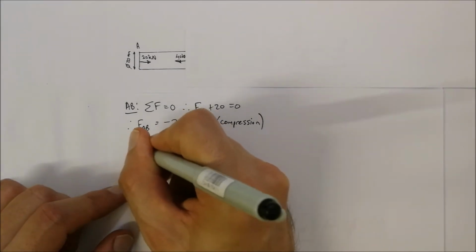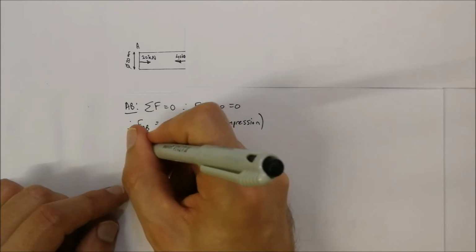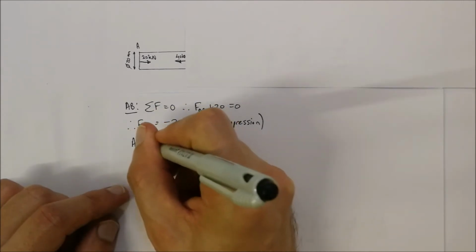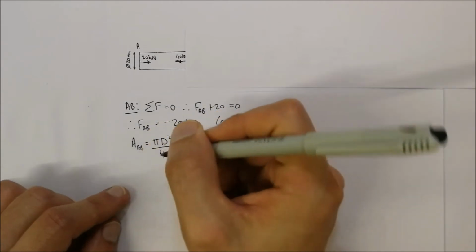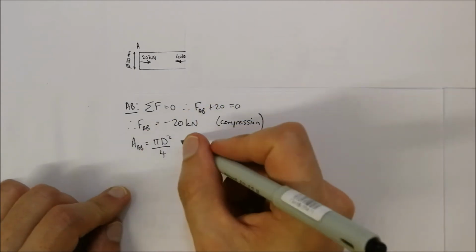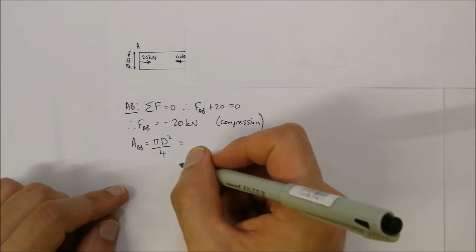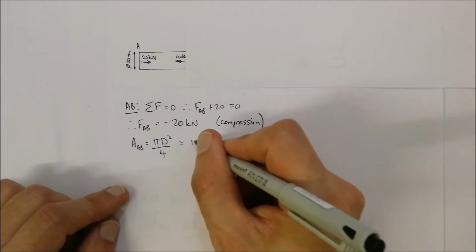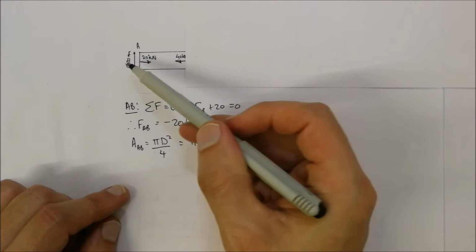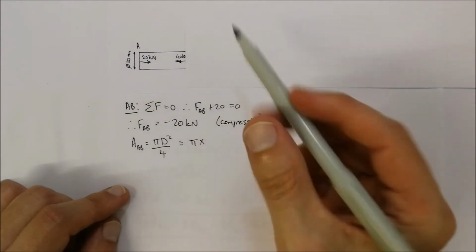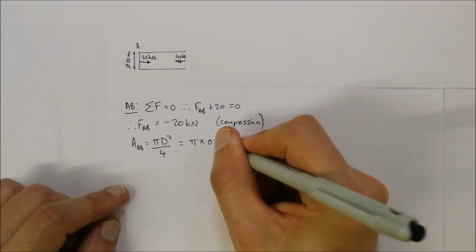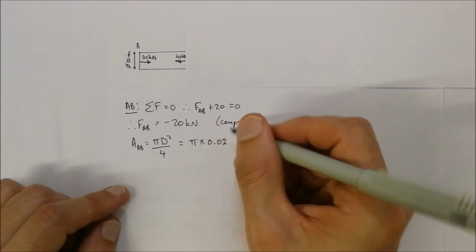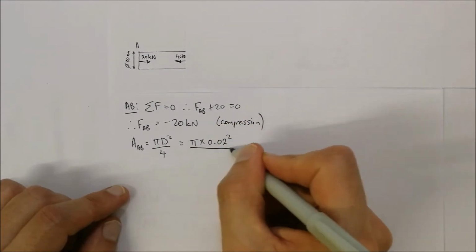The cross-sectional area of AB: remember that's pi d squared over 4. So that's equal to pi times the diameter, 20 millimeters, which is 0.02 meters, squared, over 4.